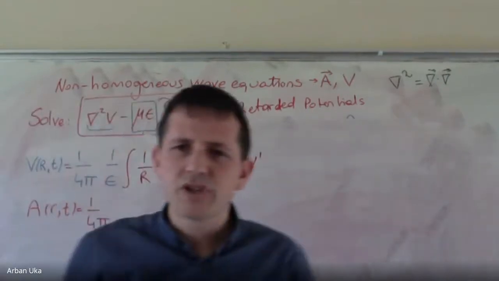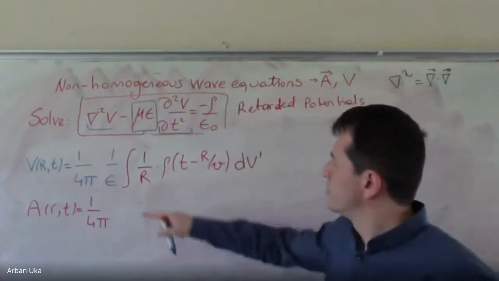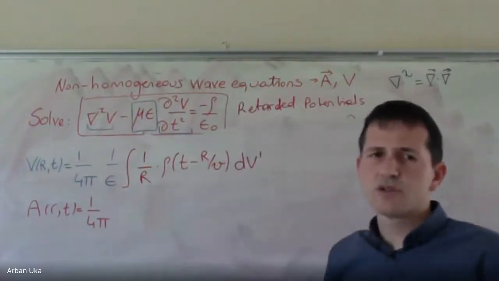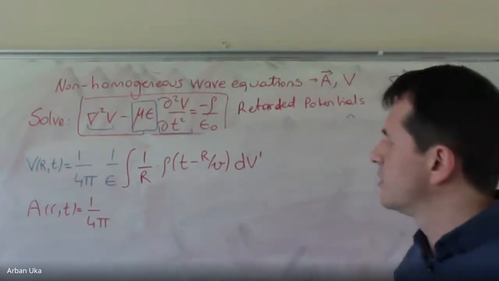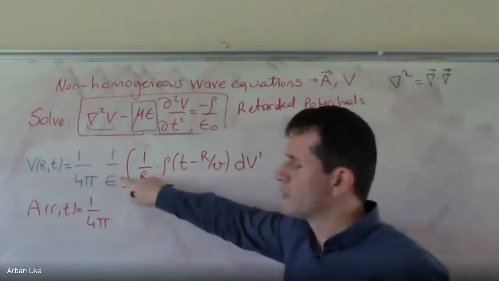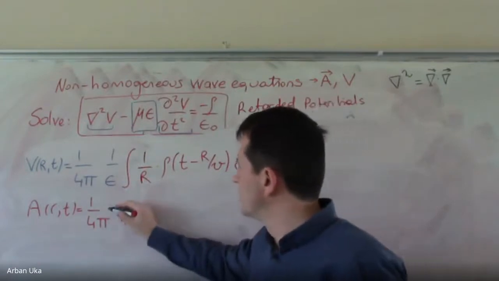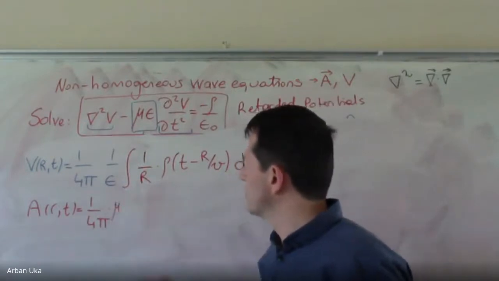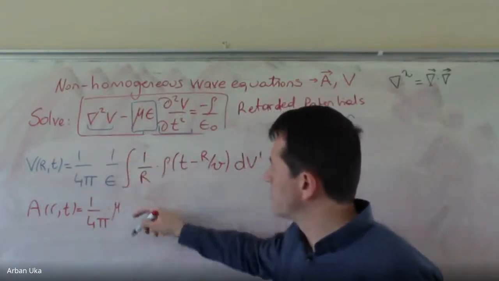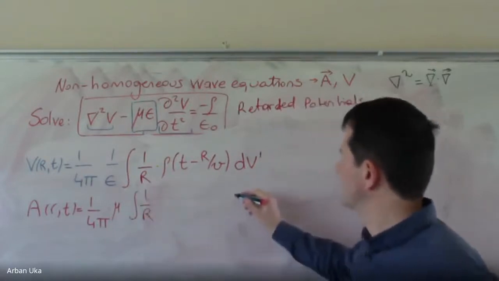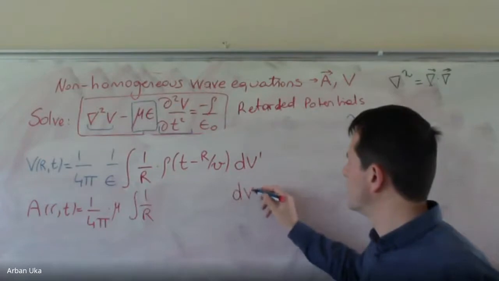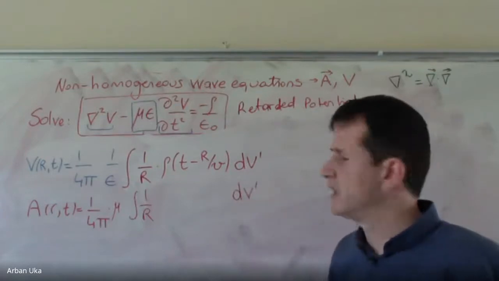So these two expressions are so symmetric that, if you remember, whenever we had the expressions for V and for A, the only difference was that 1 over epsilon was equal to mu. So the same thing goes here. We just substitute 1 over epsilon with mu. We keep the same expression here. We integrate over the charge density where it is.